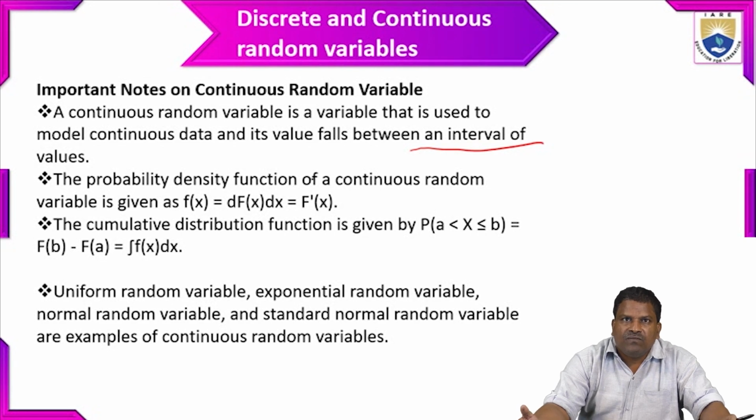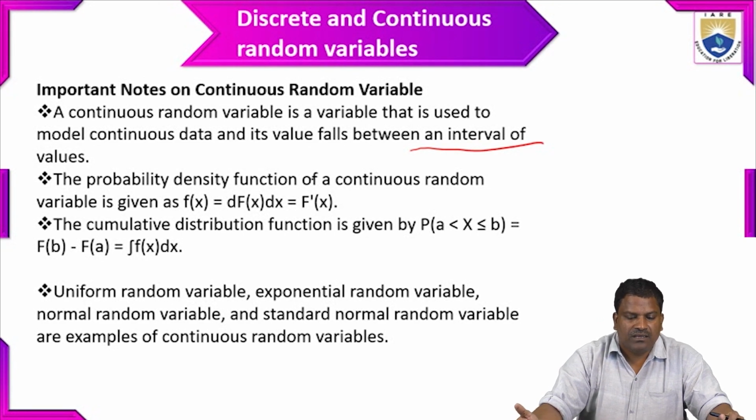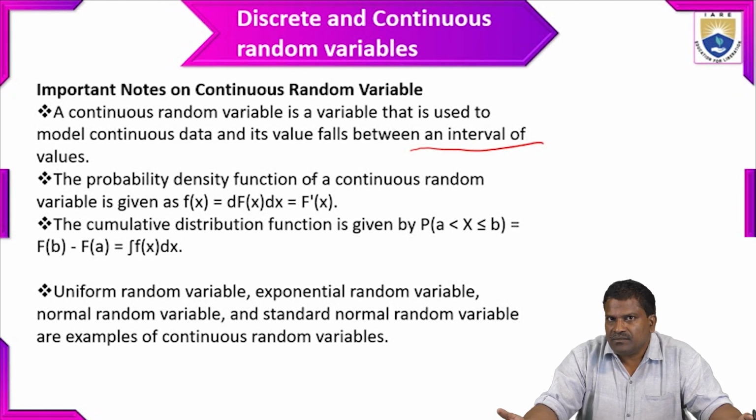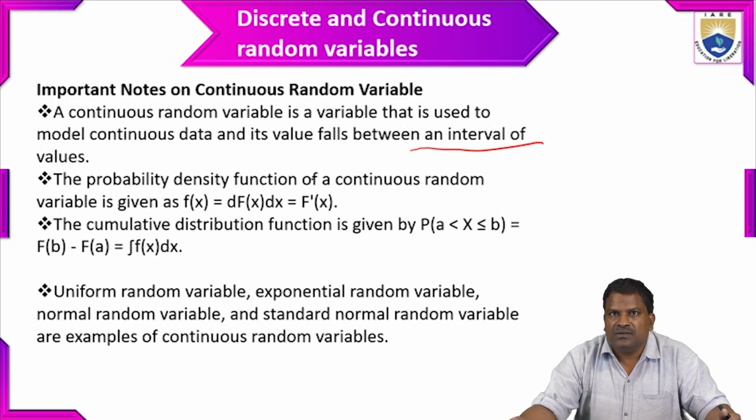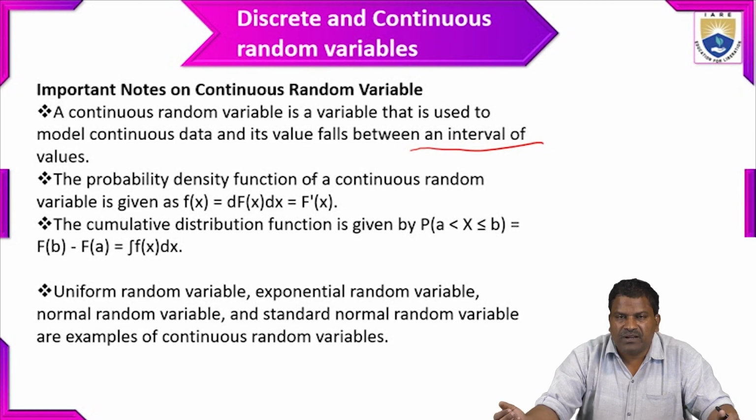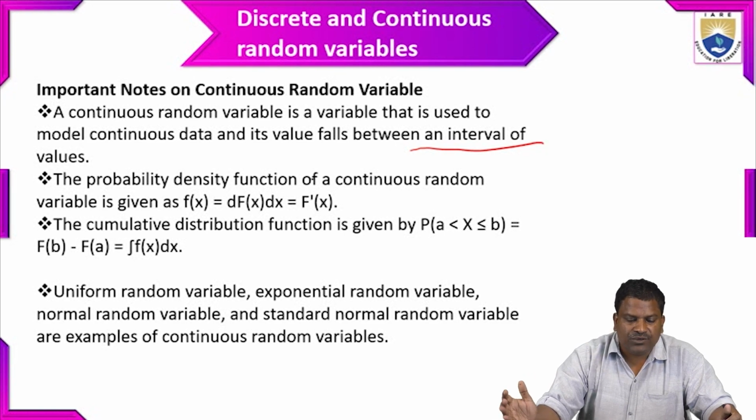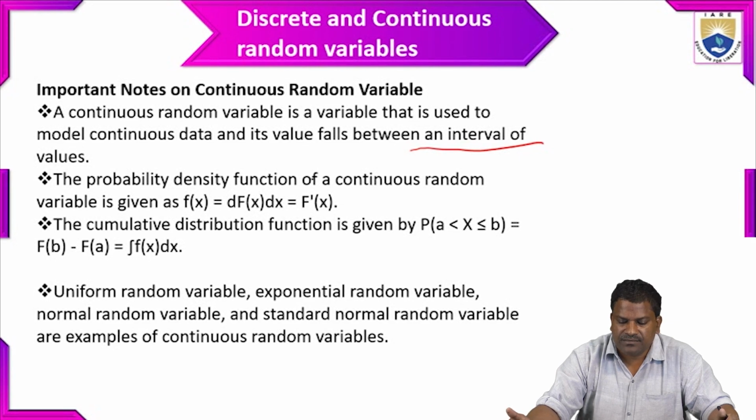So, once again, the probability density function of a continuous random variable is small f of x equal to the derivative of capital F of x, that is F dash x. The cumulative distribution function is P of a less than x less than or equal to b, which is the difference between capital F of b and capital F of a.